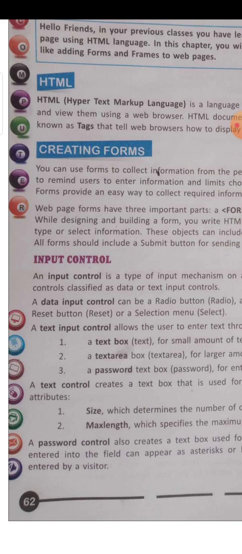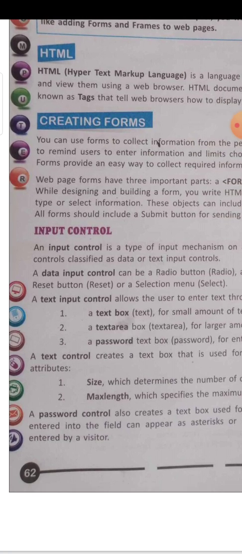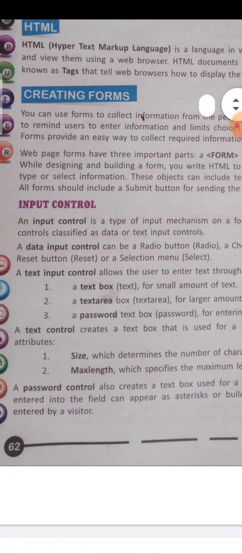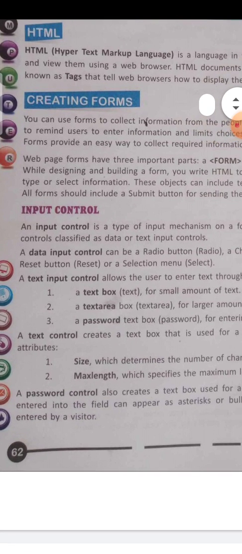Text input controls are classified again into three categories: text box, text area, and password. A text control creates a text box which has two parameter values: size and maximum length. So these are the different input controls.